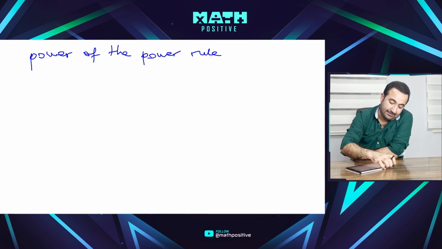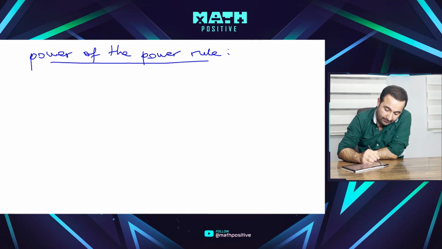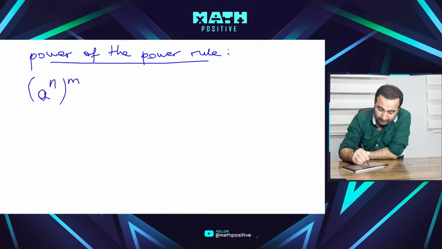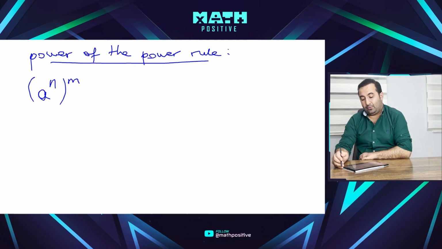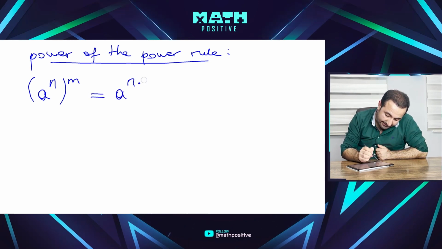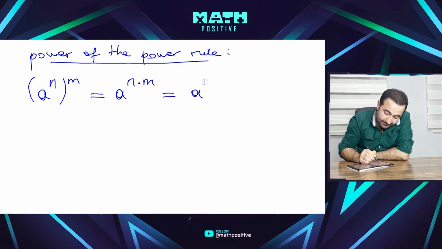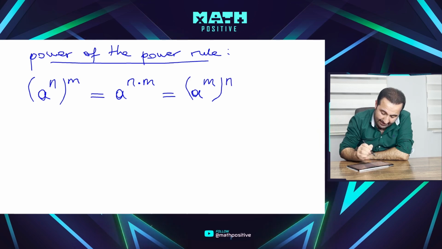The other rule of exponentials is power of the power rule. Power of the power rule, which is when we have an exponential and we want to have some other power of this exponential number, we will multiply these two powers to each other, which is a to the power n times m.